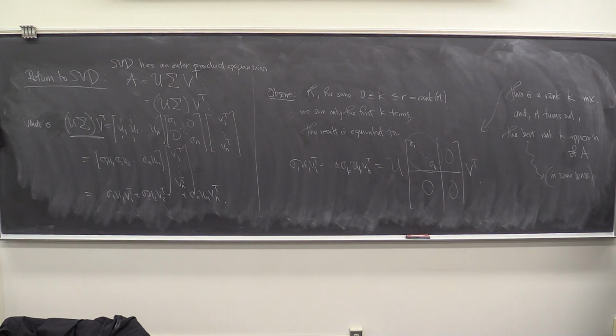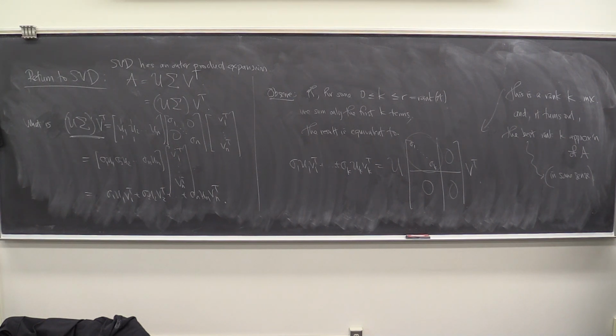Okay, yes, Izzy? Is it like quote unquote the best because it's the first k terms, which are the k biggest terms, and everything after is going to be smaller, so quote unquote more insignificant in a sense? Yes, exactly. That's exactly how it happens.